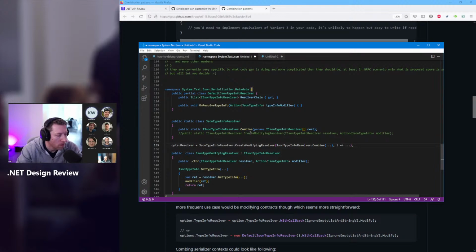Yeah, I have the right number of parentheses. Yeah, that is very not readable. It's JSON serialization, so it's par for the course. Well, what's not readable about it?